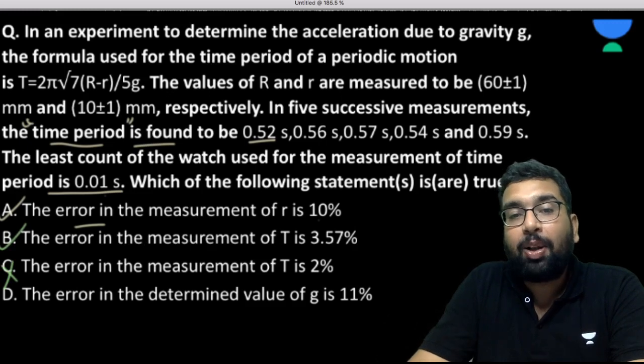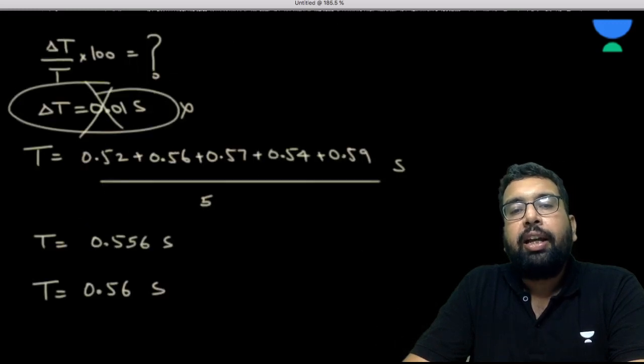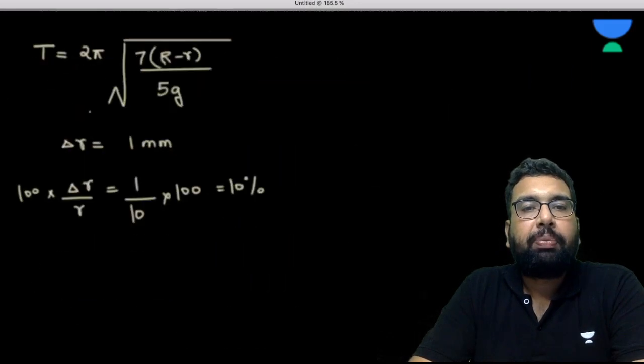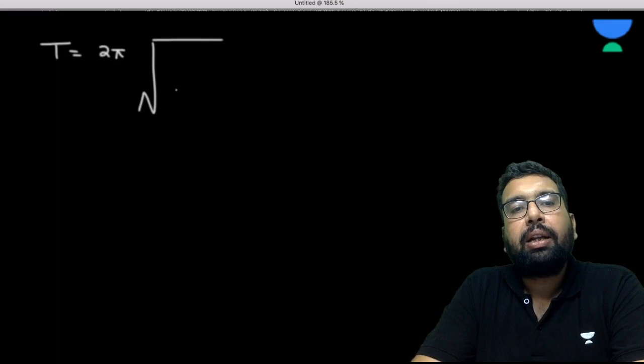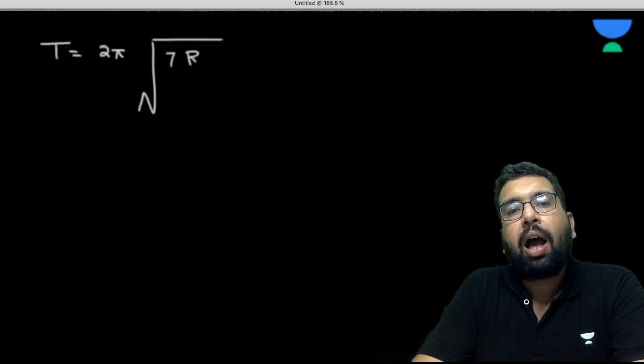Now they are also asking what is the error in determining the value of g. When we have errors in everything, we can get that. Please see, there is some trick to that also. Now t is equal to 2 pi, so this is not the usual equation we have been dealing with: 7 times R minus r upon 5g.